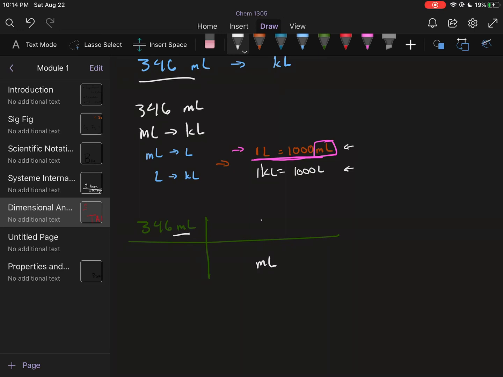So this has milliliters to liters. And so that's a 1,000 to 1 ratio. Then we can cross this out, and we're left with liters right here, because this is what we have. Then that's 1,000 to 1 kiloliter.